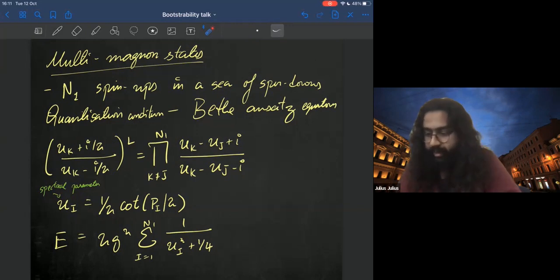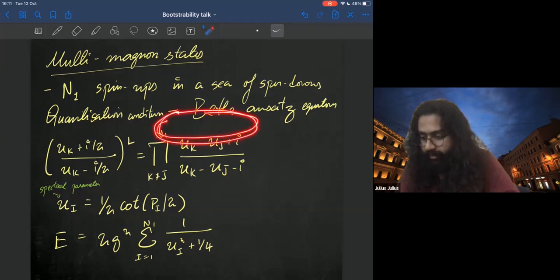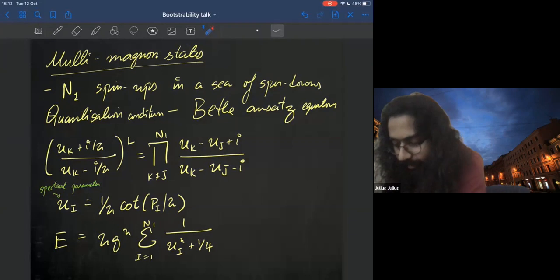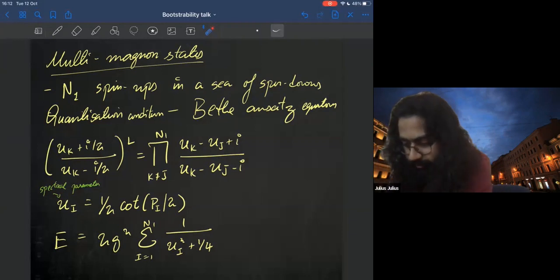And in this case, the same quantization condition, which is that if I take one magnon all around the chain, I should get back 1, obviously gets a bit modified because it also hits the other magnons. But then you can write down the quantization condition as a set of Bethe Ansatz equations, where I've introduced, just to make the notation a bit simpler, u, which is the spectral parameter, and this is basically related to the magnon momentum.